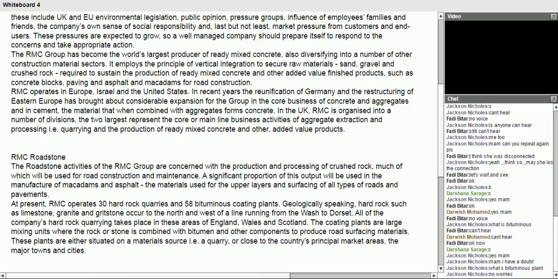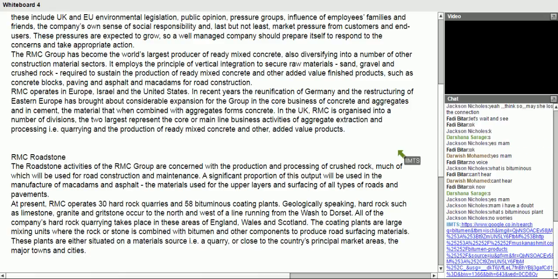Something of this kind. Just open this link. You're going to see a lot of pictures of bitumen.